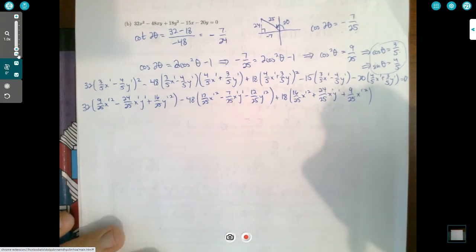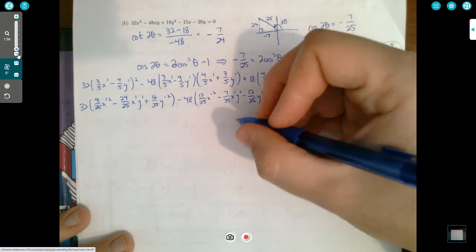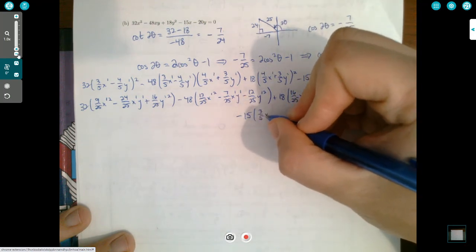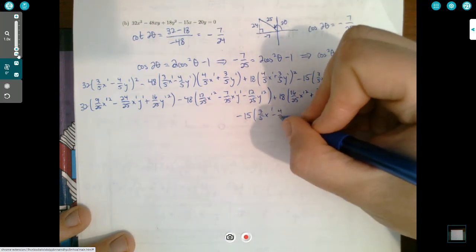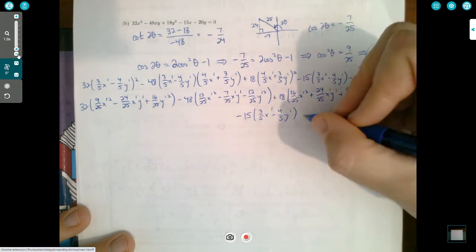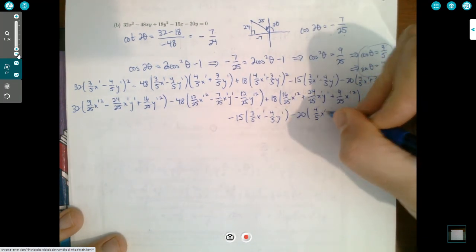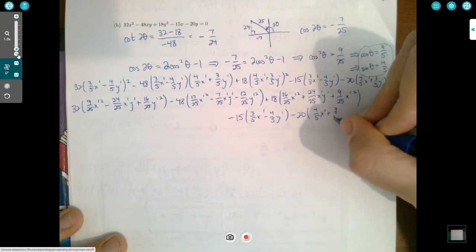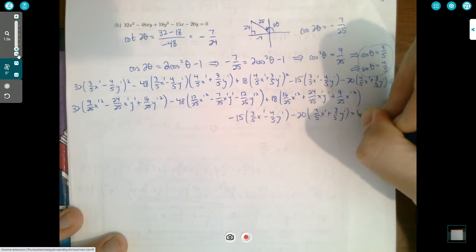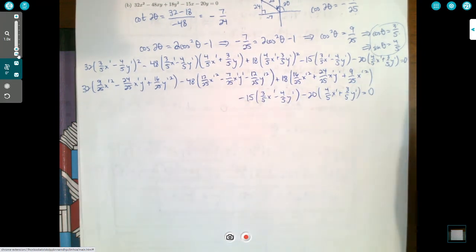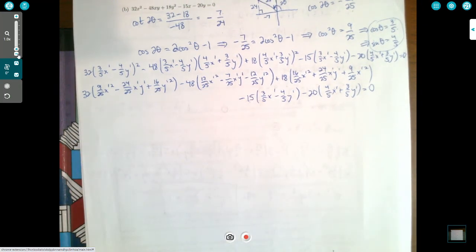And then I'm going to go to the next line. Then we'll have the minus 15 times 3/5 x prime minus 4/5 y prime minus 20 times 4/5 x prime plus 3/5 y prime equals 0. Okay, now I'm going to collect all of my x prime squareds. I'm going to have 32 times 9/25.